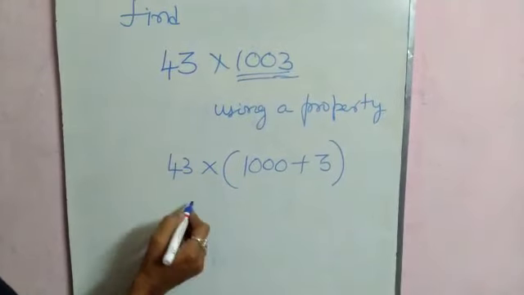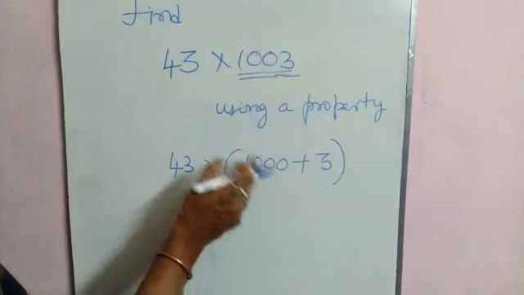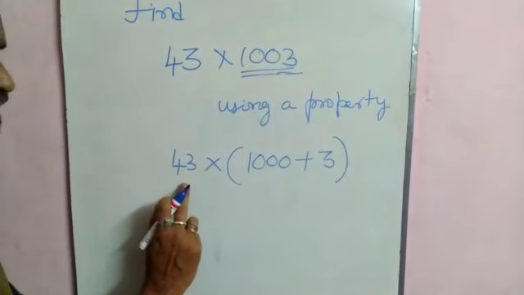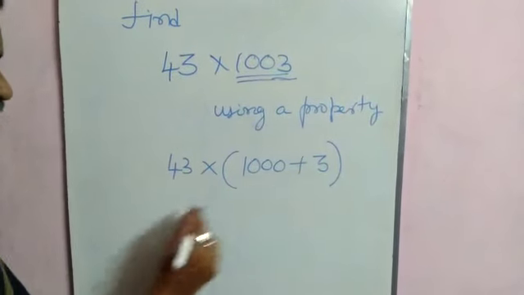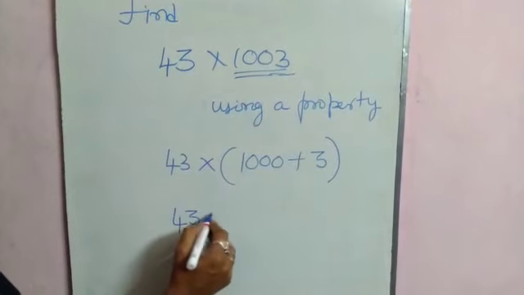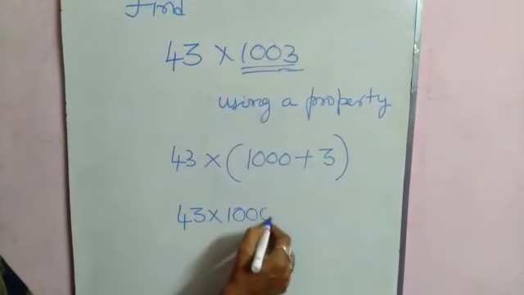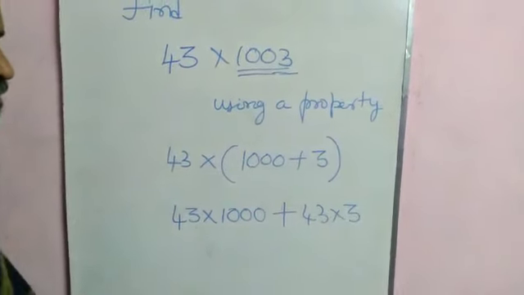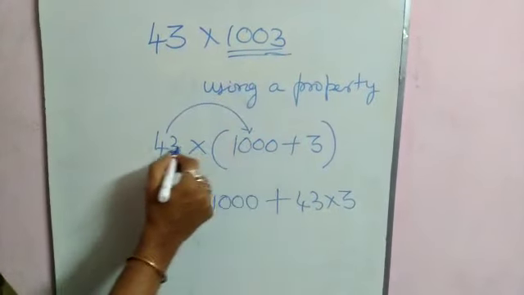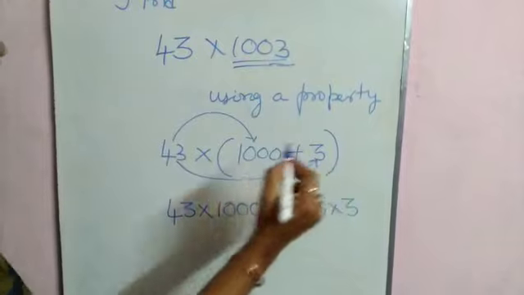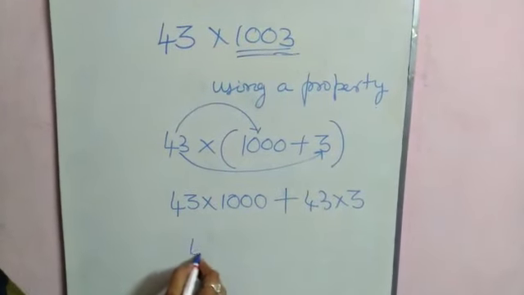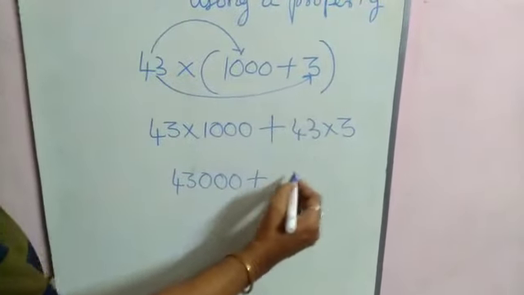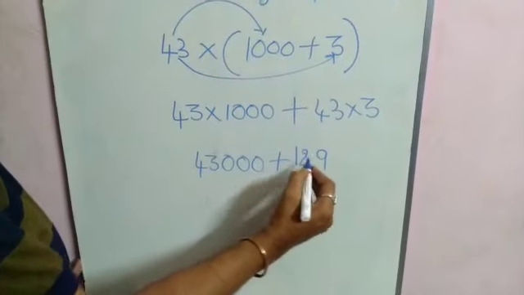In the previous example, there were two numbers and we took the common number out. Now we take this number, 43 cakes, and give it to the boys and girls. So how to distribute now? 43 distributed to 1000 plus 43 into 3. So this is the distribution: first with this one, then again with the other. This multiplication is easy. You get 43 followed by 3 zeros, and 43 into 3 is a very easy multiplication, which is 129.